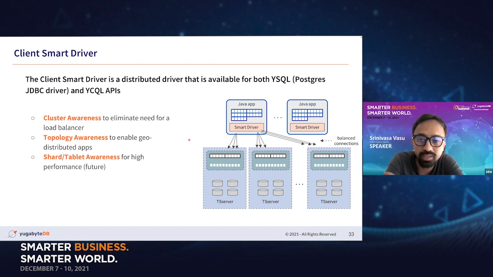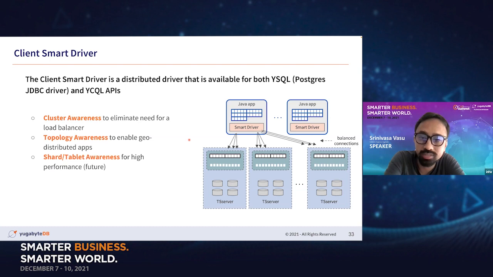And topology awareness is also very important, because from a geo-partitioning standpoint, if the user base is originating in the Americas and you want the request to be serviced within America itself, then your client should know which nodes in the cluster to talk to, which are the nodes running in the America data center, right?